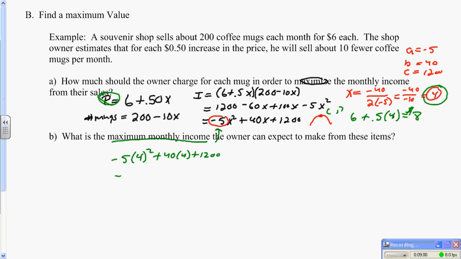That will give us negative 80 plus 160 plus 1200, which will give us a grand total of 1280. So if you have 4 incremental changes, you would have a maximum income of $1,280 at a price of $8 per coffee mug.